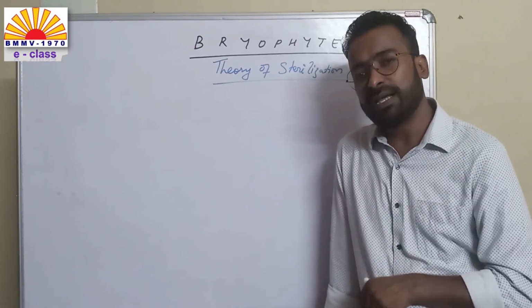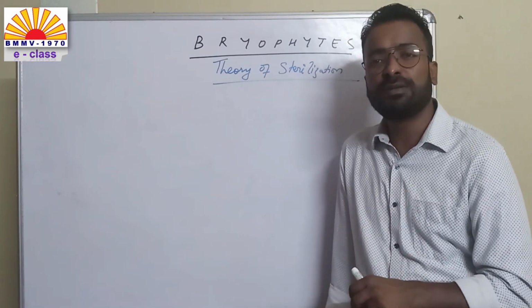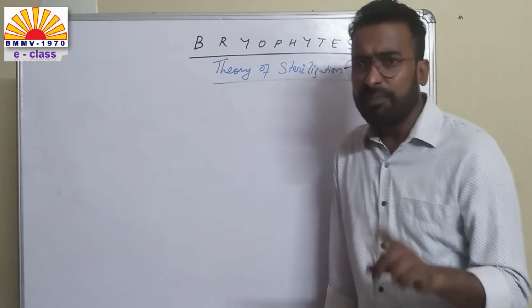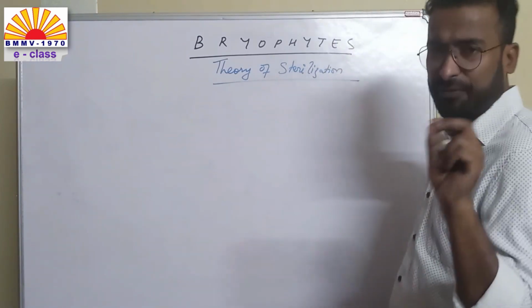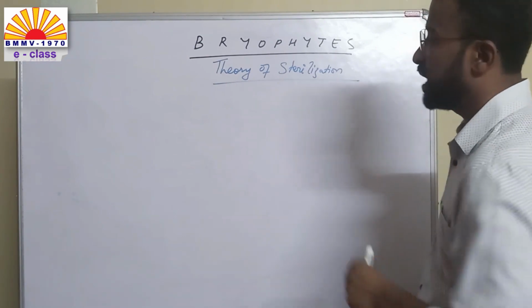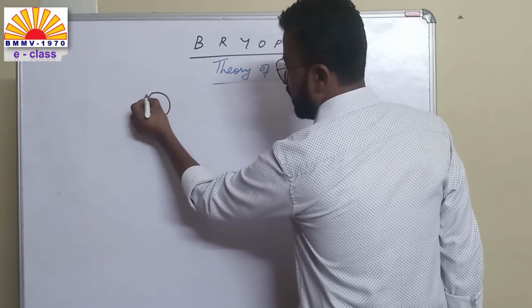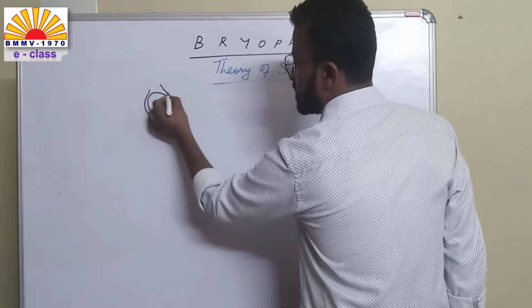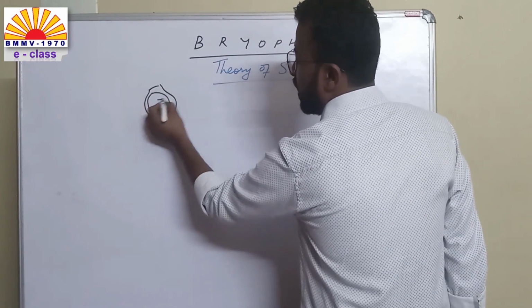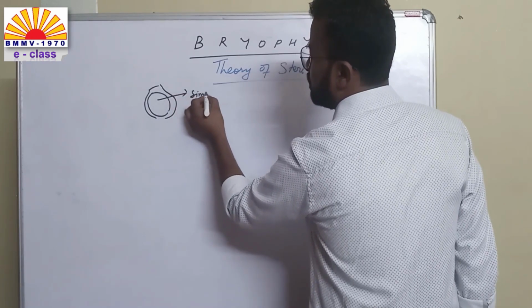What does it mean by progressive sterilization of sporogenous tissues? But let me give you a brief account of what we just saw in those slides. What we saw here is there was a simple type of sporophyte presented by Riccia, and this sporophyte is a simple type.